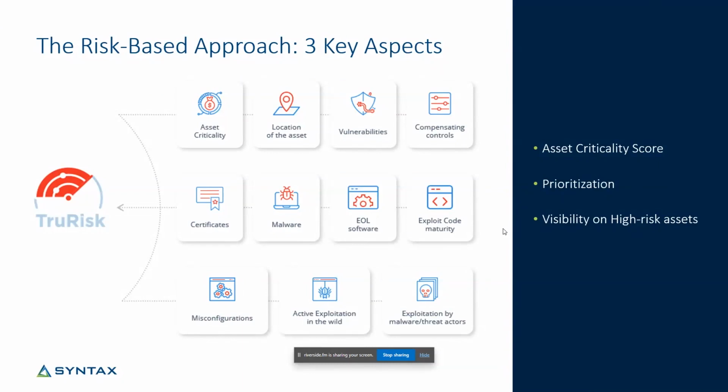Maybe if you leverage some other tags like location or compensating controls, that's this new ability that you have with TruRisk. And finally, being able to pinpoint the high-risk assets and also create meaningful dashboards and metrics that actually speak the business language, right?